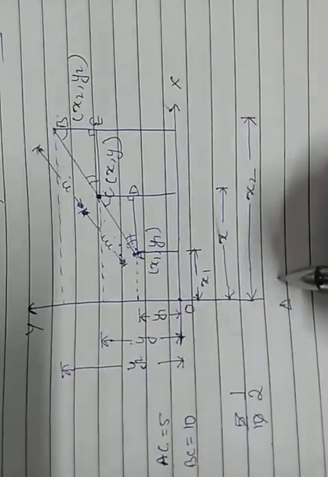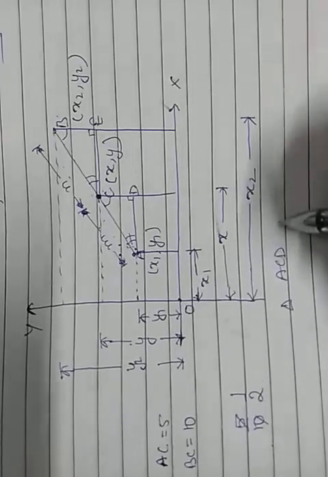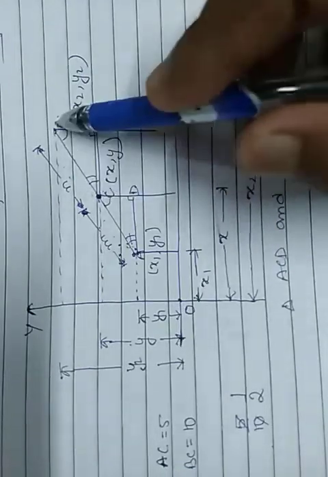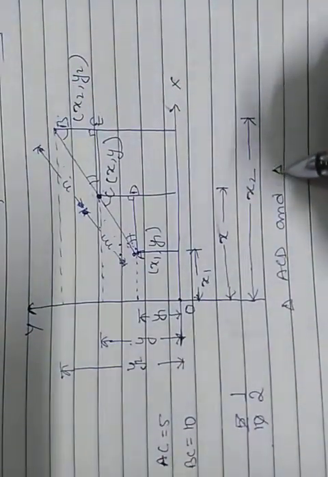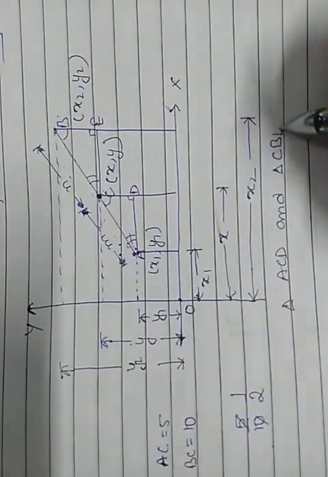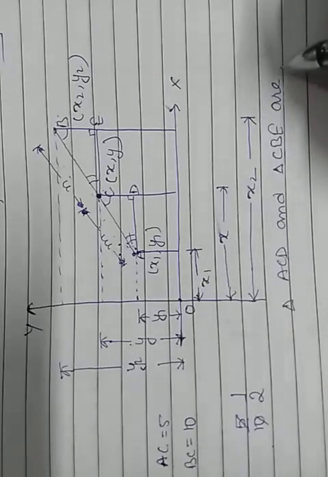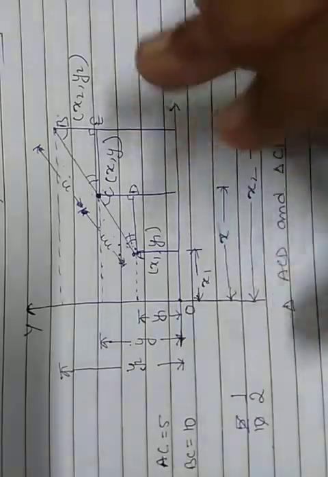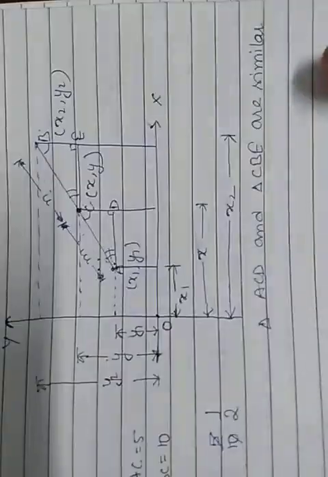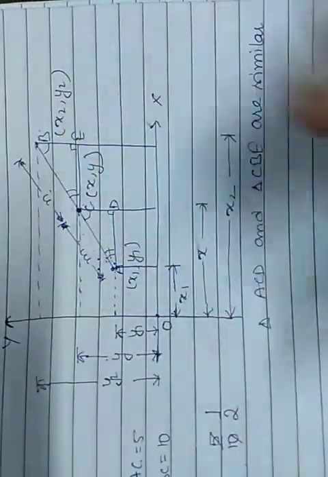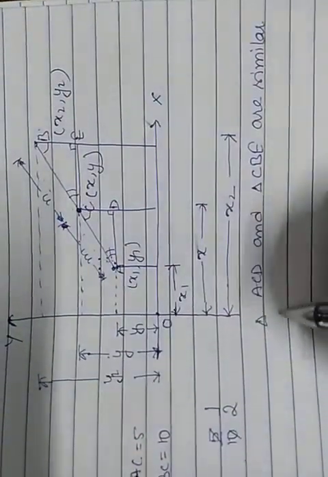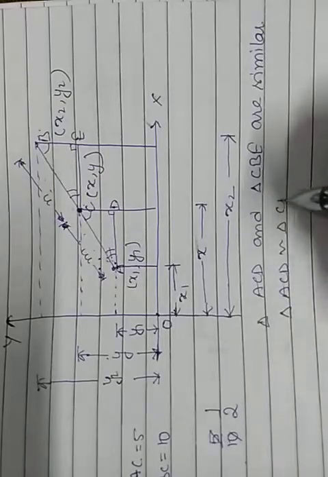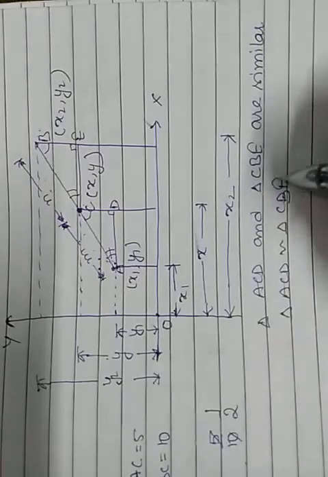It is not required to prove it, but it appears that it is similar. So triangle ACD is similar to triangle CBE.